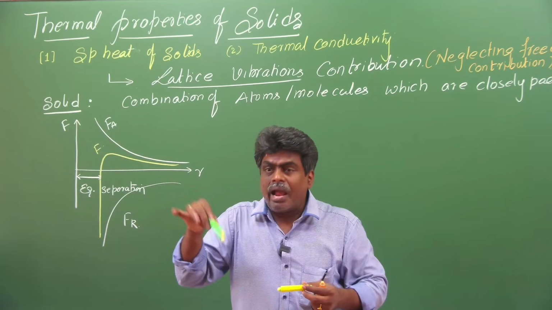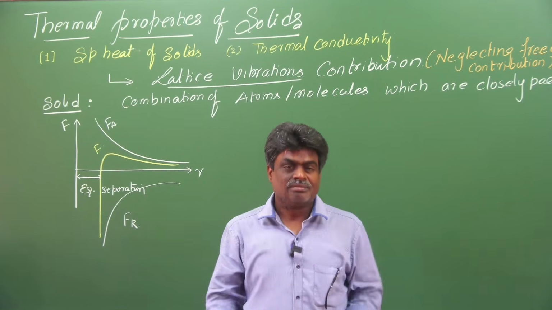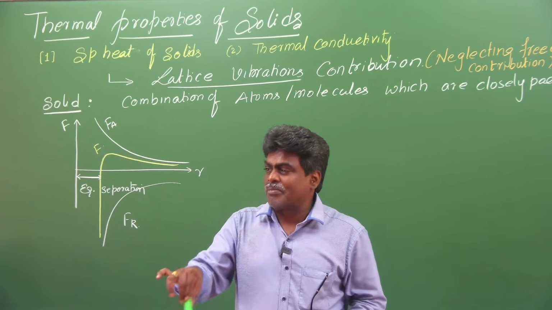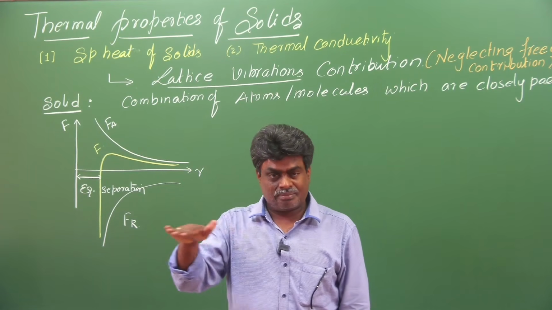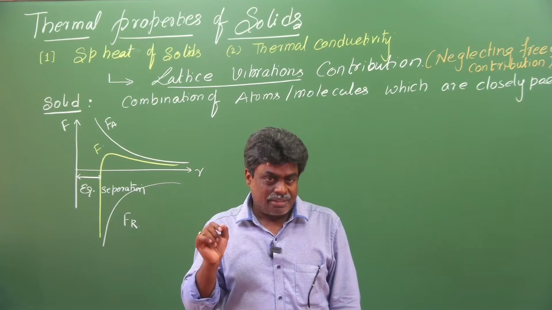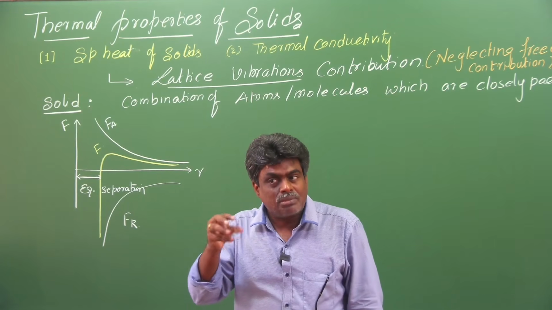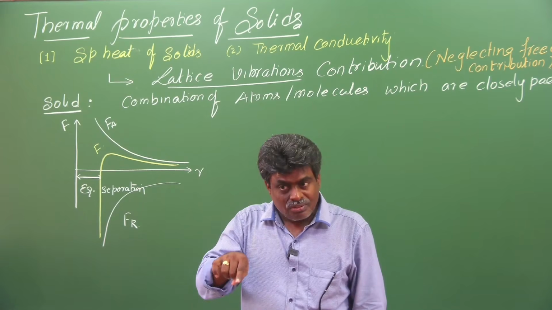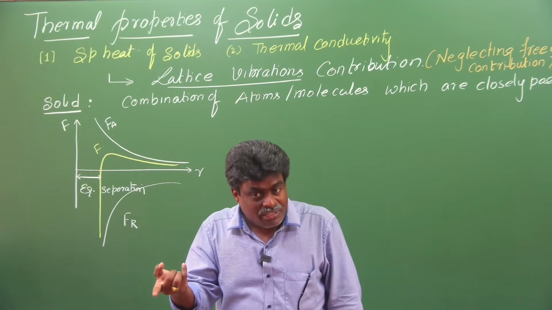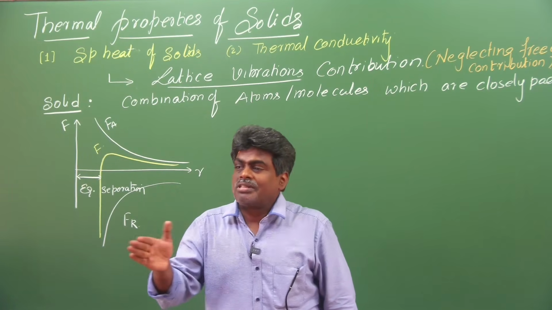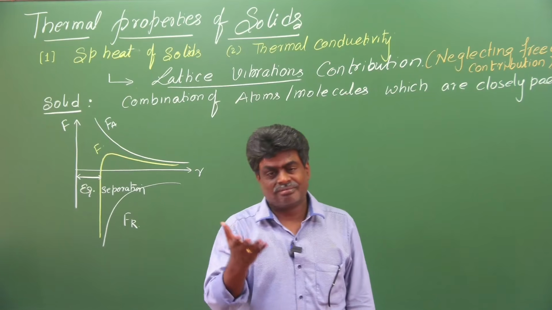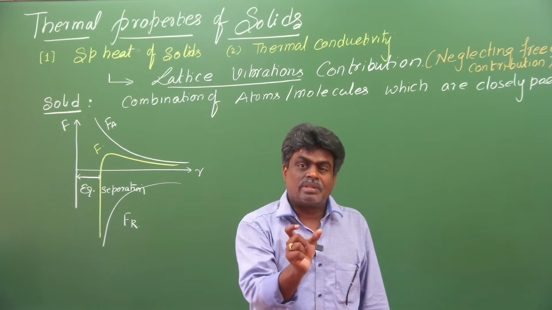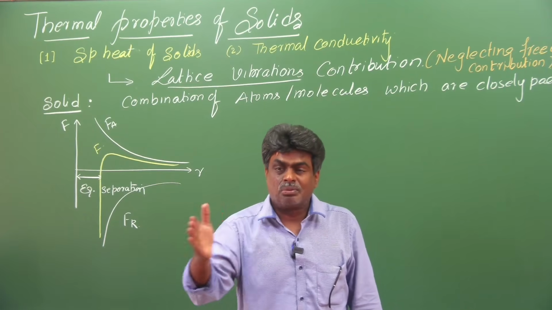That means the atom stays at the equilibrium position and oscillates. All these atoms are fixed to the lattice at the equilibrium position and oscillate about that position. Since the atoms are fixed to the lattice, these vibrations are called lattice vibrations.